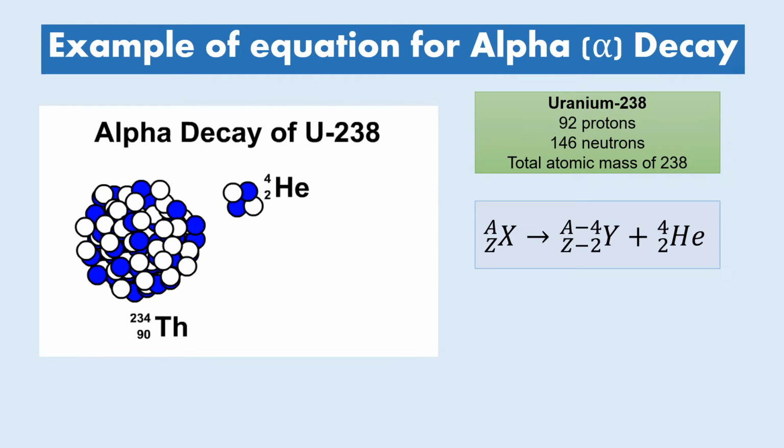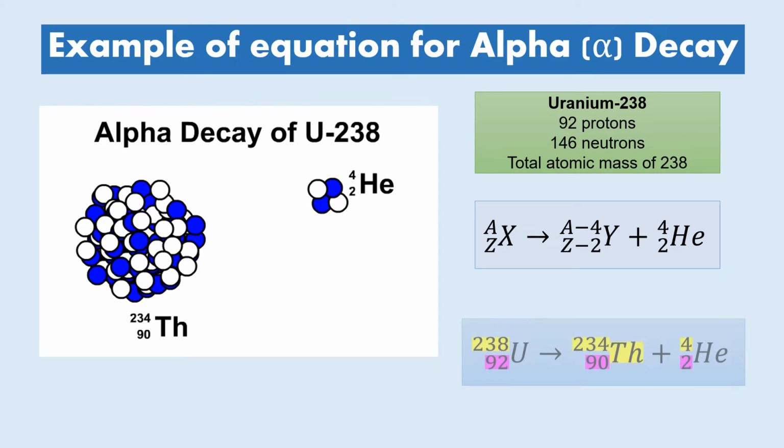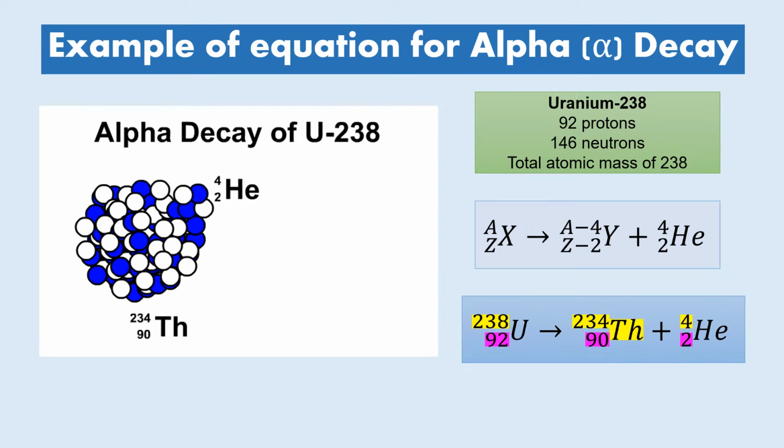As you can see in this general equation for alpha decay, for this uranium-238 decay, the equation will look like this, where the atomic number of the new daughter goes down by 2 for loss of 2 protons and the atomic mass goes down by 4 from releasing 2 nucleons which consist of 2 protons and 2 neutrons.